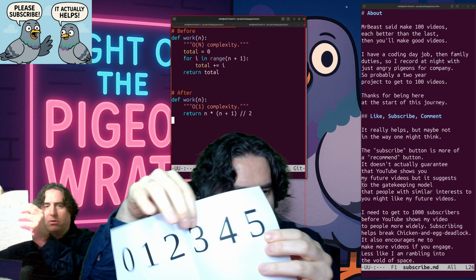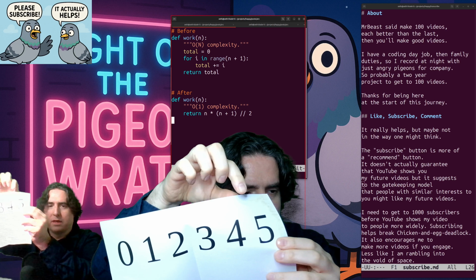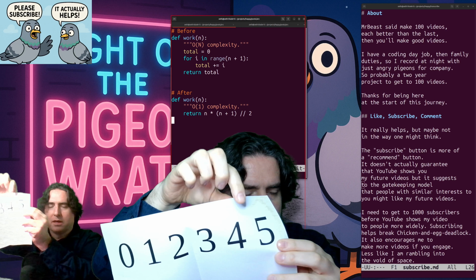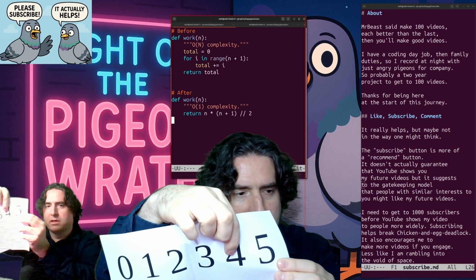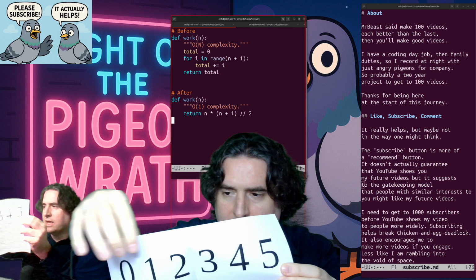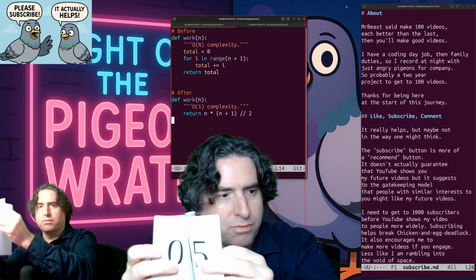Instead of adding it all the way across, 0 plus 1 is 1, plus 2 is 3, plus 3 is 6, plus 4 is 10, plus 5 is 15, we can see it as 3 sums, 3 pairs.